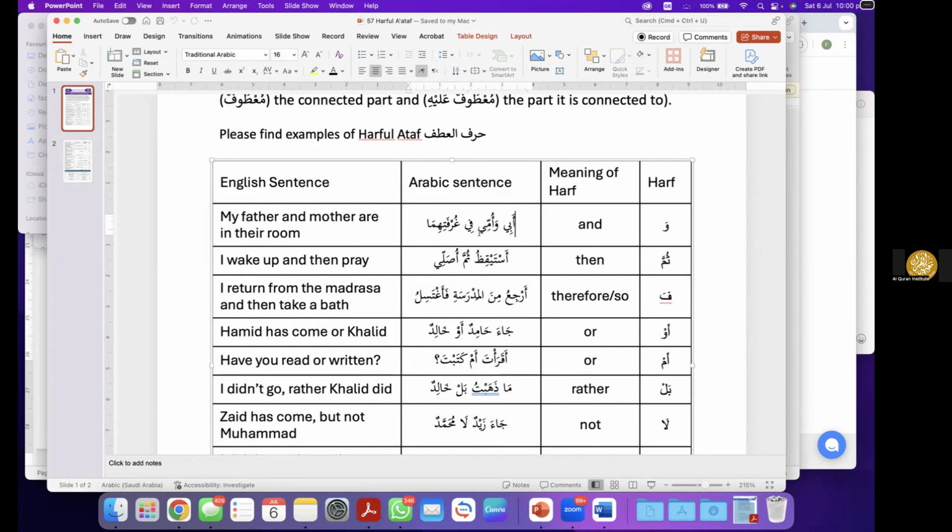Tell me, there is some. Do you see gender common here, properties of ism? Abi and ummi? Yes or no? No. One is father, one is mother, one is male, one is female. Do you see number common here? Yes.